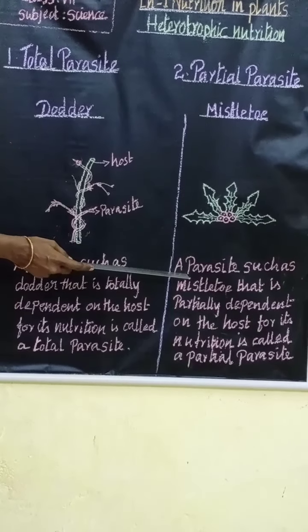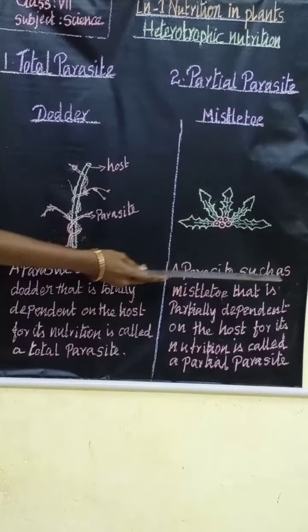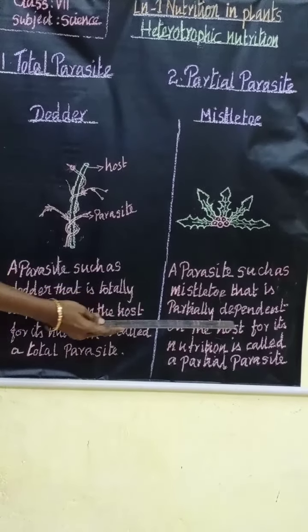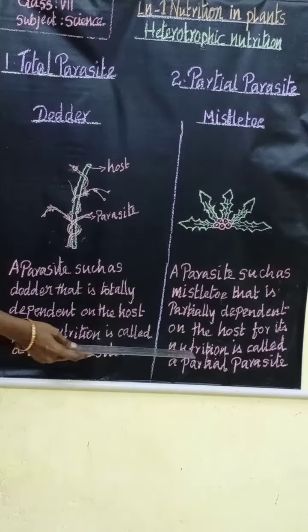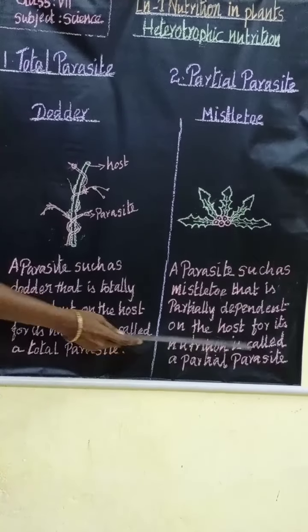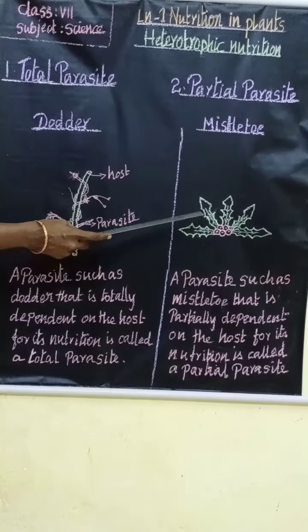Now I am going to give the definition of partial parasite. A parasite such as mistletoe that is partially dependent on the host for its nutrition is called a partial parasite. Partial means half. Why?